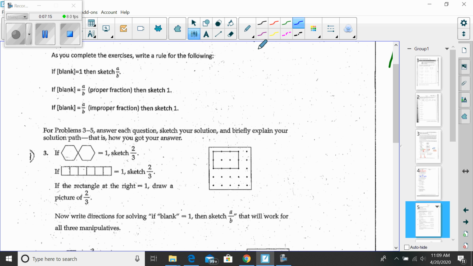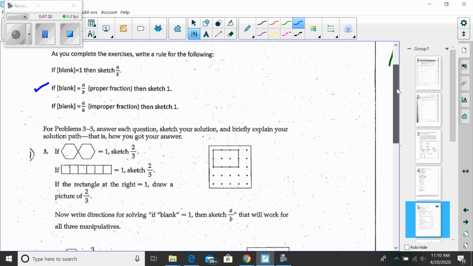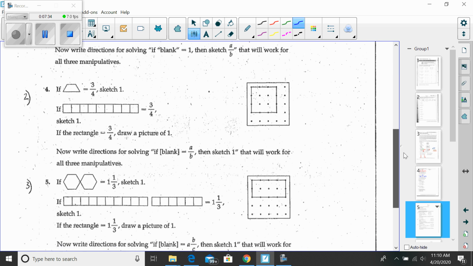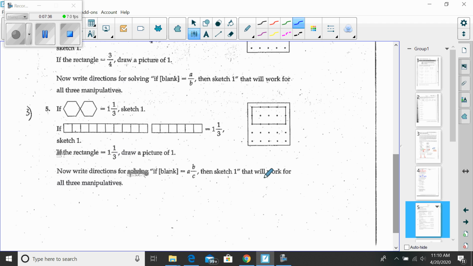So let me point out that on the last page, we looked at the case where the diagram was the proper fraction. There's a slightly different rule if you're given the diagram as an improper fraction. So as you're working on these, I want you to try 1, 2, and 3. And I'm going to come down here and change this mixed number.